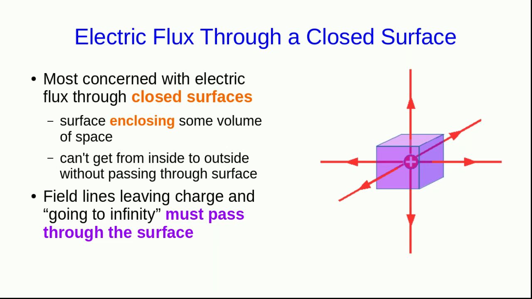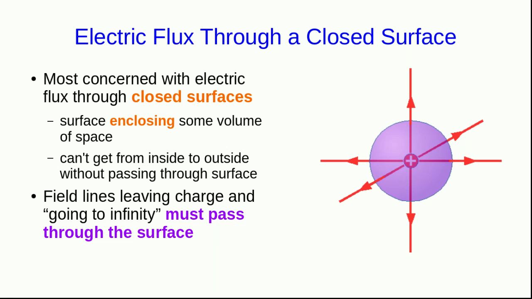Notice that the truth of that statement doesn't depend on the shape of the surface. Because the charge is inside the surface, every line that leaves it must get to outside the surface, because they have to all head out to infinity. They have to pass through the surface. And so if we replace this cubic surface with a spherical surface, the lines all still must pass through it.